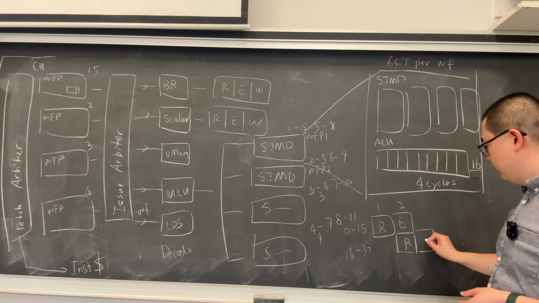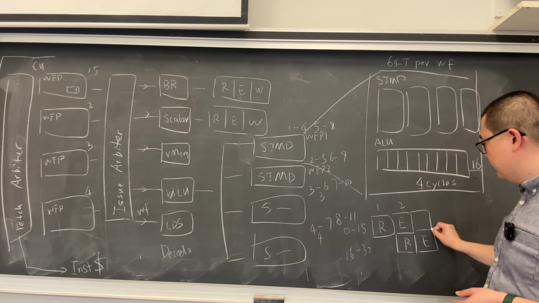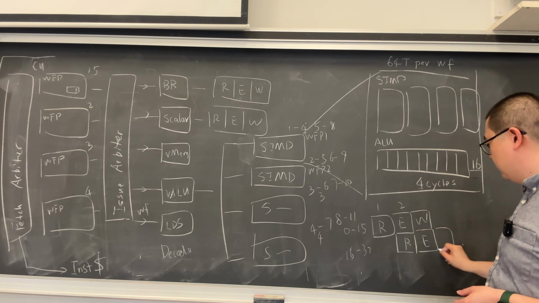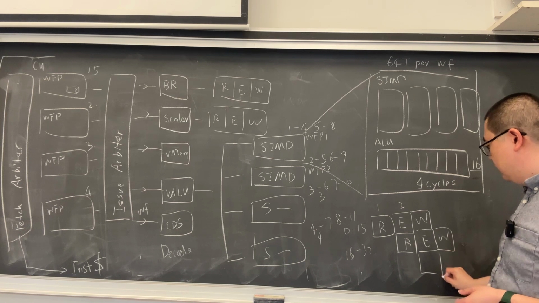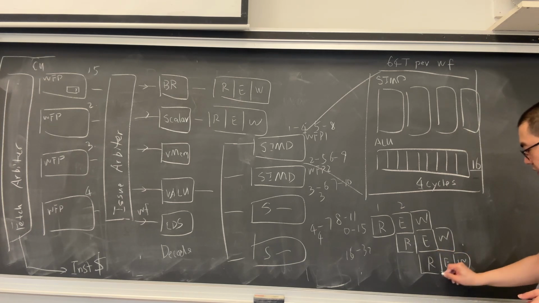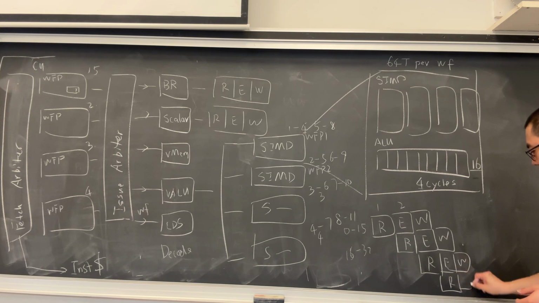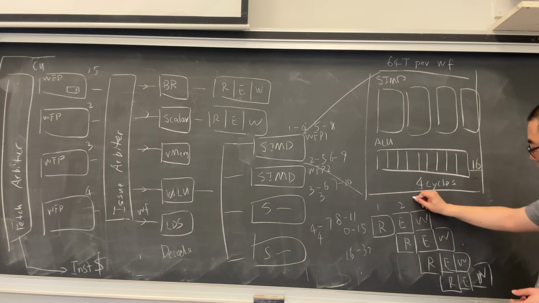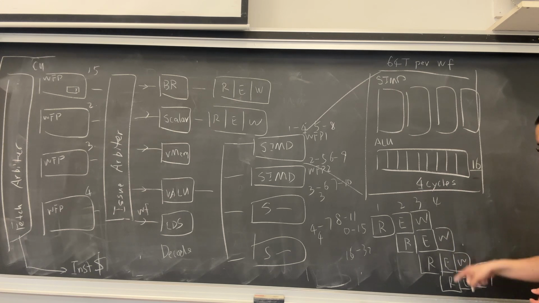Then here, we execute, and this one will write back. And here, we write back. Then read, execute, write, and read, execute, write. It's 3, 4. After cycle 4, this read stage is freed up. Then you can take another instruction.